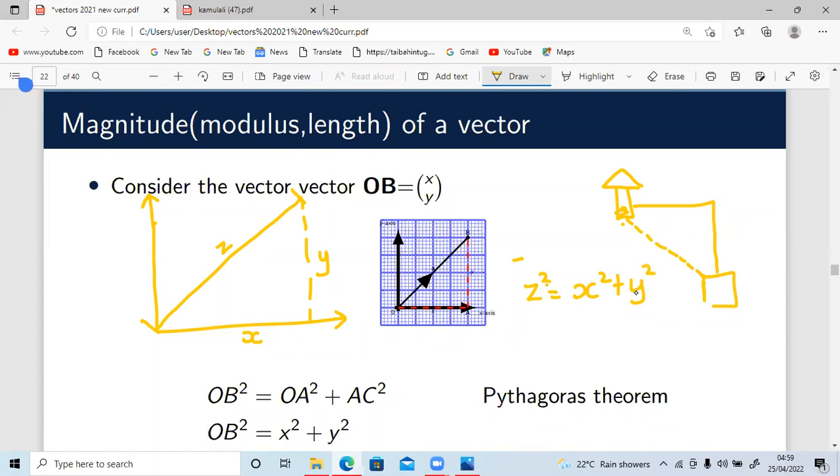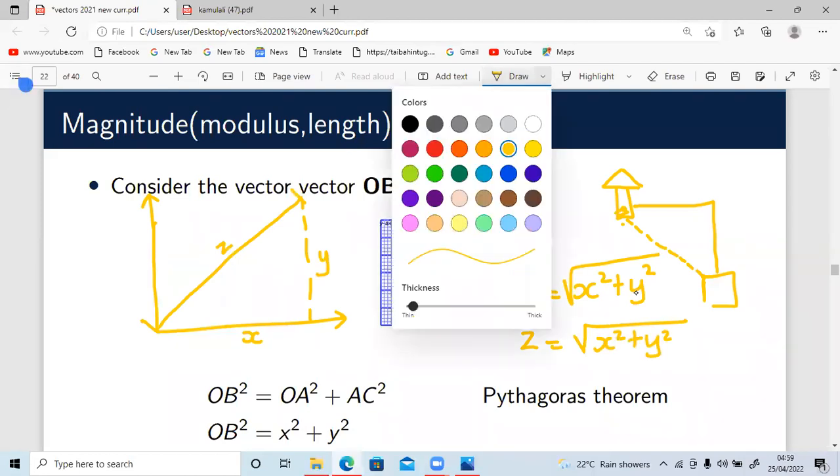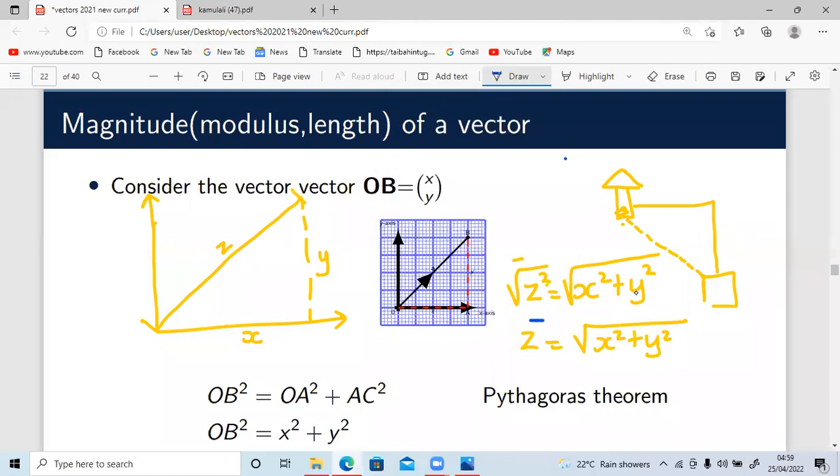To remove the square, I get the square root on both sides. So I'll have z equaling the square root of x squared plus y squared. This is what you call the magnitude, or the length that exists between the 2 points.